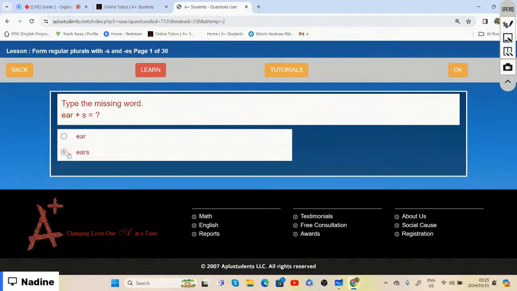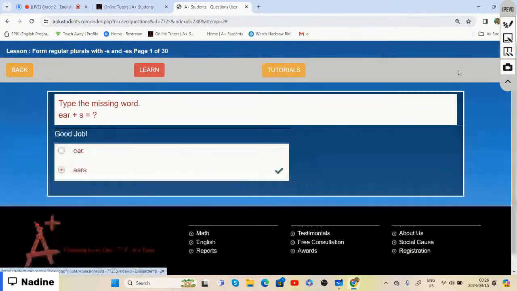It refers to more than one ear. Right, well done. So ears.